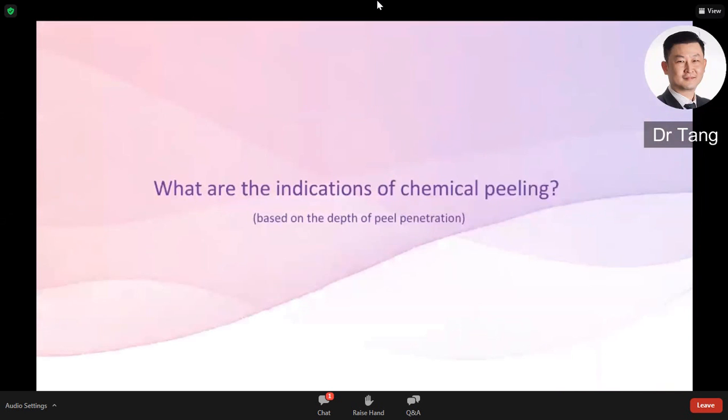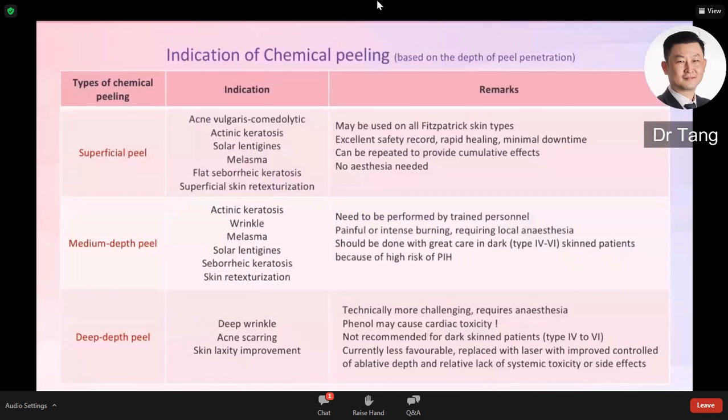Now let's look at what are the indications of chemical peeling based on the depth of peel penetration. For superficial peel, it can be used to treat acne vulgaris, mainly for comedolytic effect. Apart from that, superficial peel is also indicated for actinic keratosis, solar lentigines, melasma, flat seborrheic keratosis, and superficial skin retexturization.